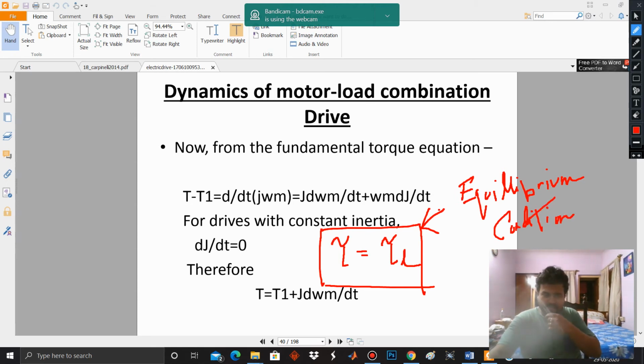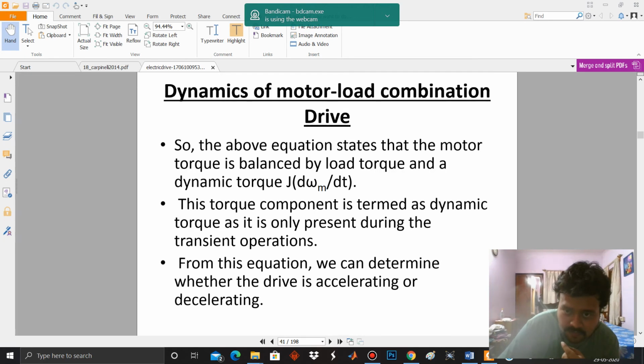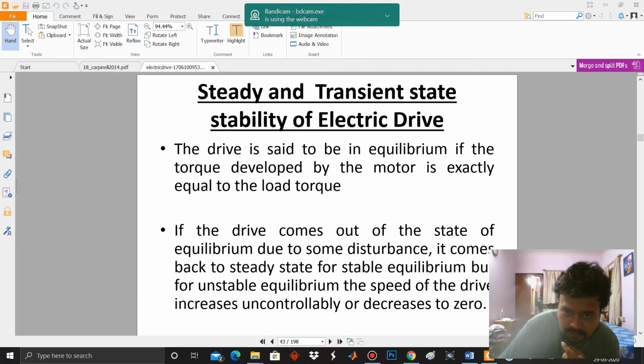The drive is said to be in equilibrium if the torque developed by the motor is exactly equal to the load torque.